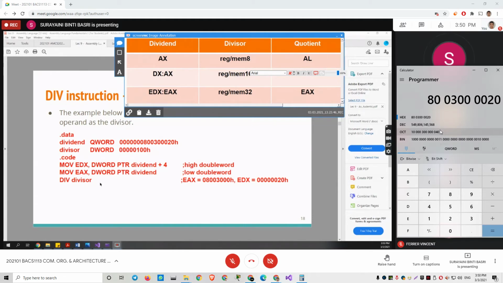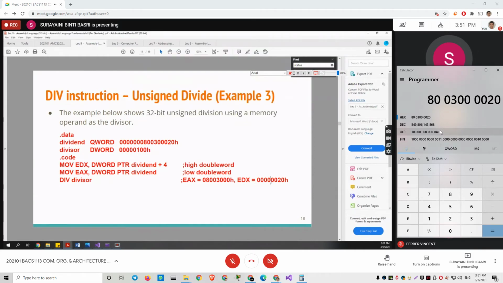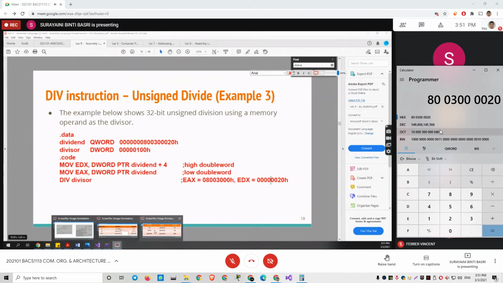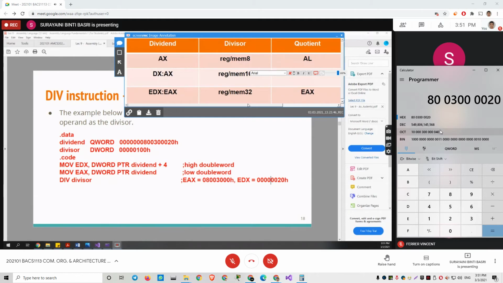Okay, so later the result of your division will be stored also in EAX and EDX. In EDX, it will store the remainder. If you remember here, the remainder will be stored in EDX, and then the quotient will be stored in EAX.